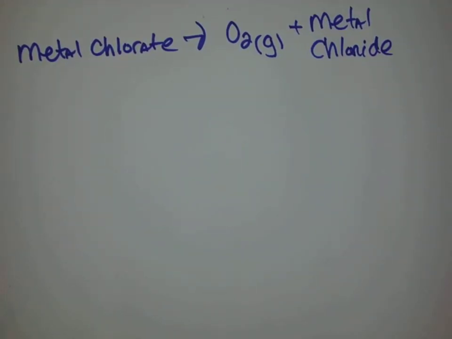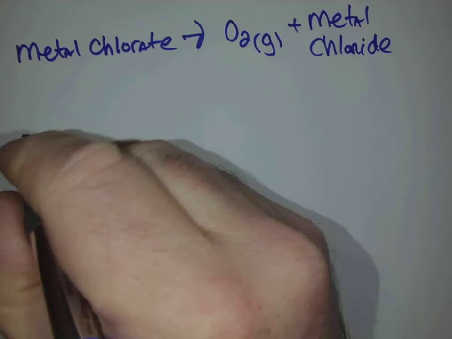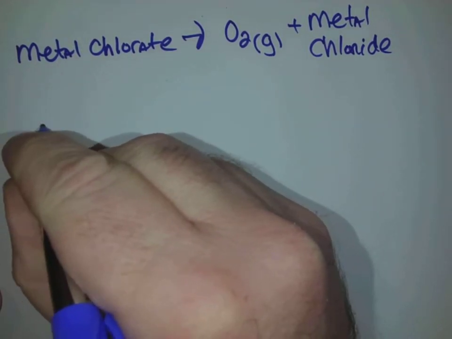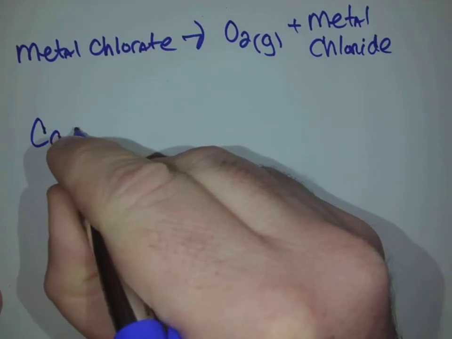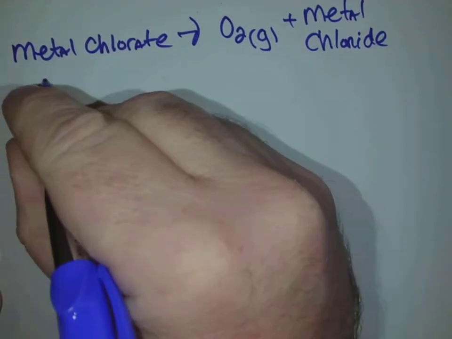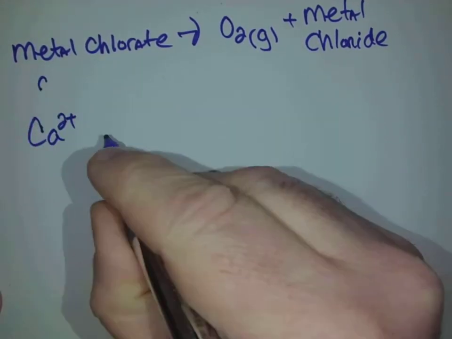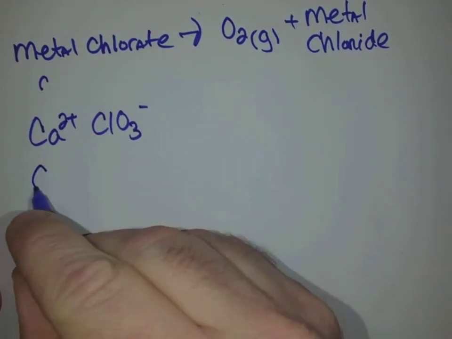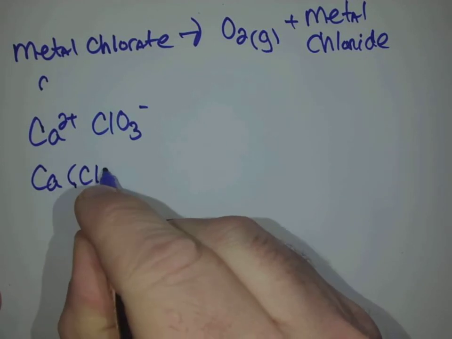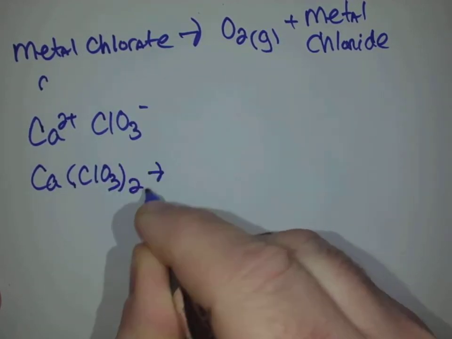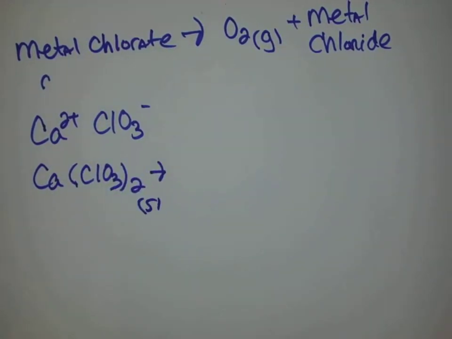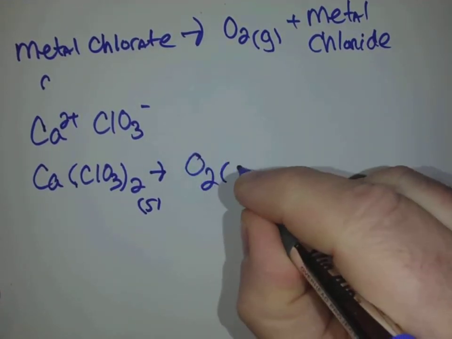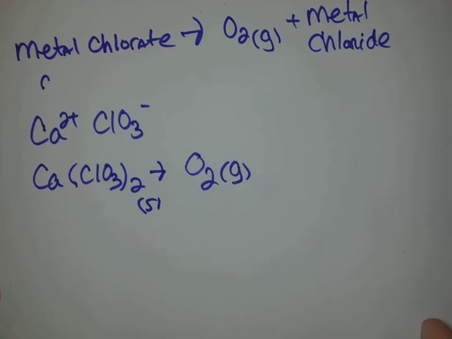So let's talk about one example. Let's use something like calcium chlorate. Calcium has a +2 charge. Chlorate is a -1 charge. So we write the formula Ca(ClO3)2. And again, like all the other decompositions, it'll always be a solid. We are going to get oxygen gas as a diatomic gas, and then a metal chloride.